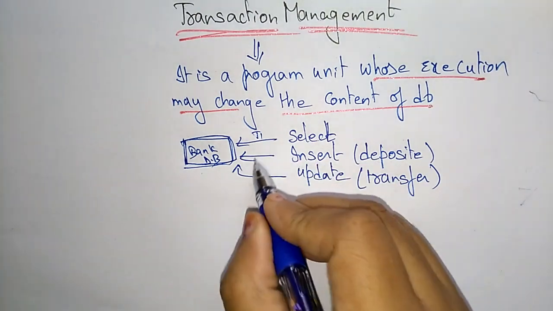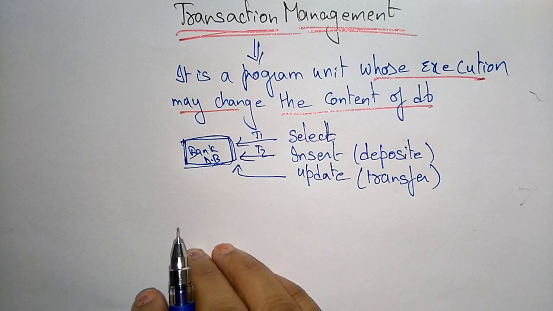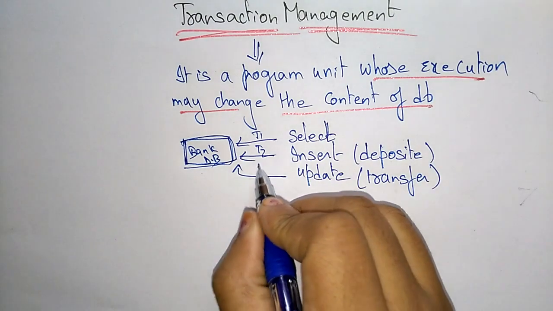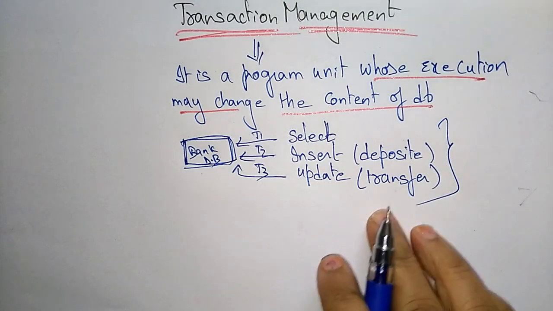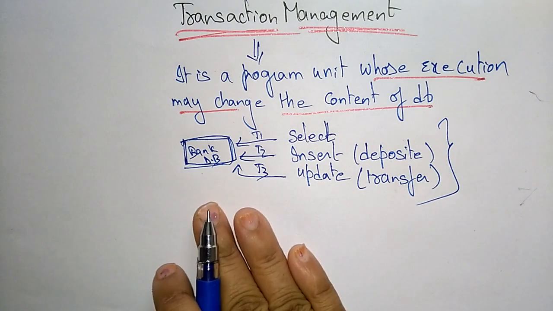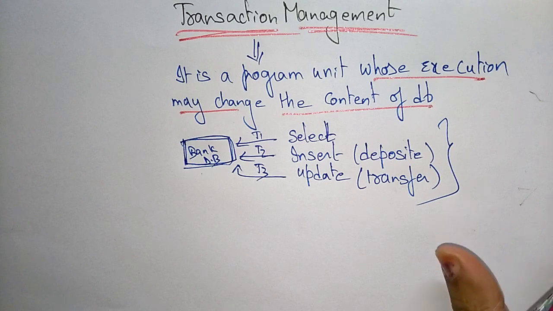So selecting is one type of transaction, inserting, depositing the amount in your account is changing the content of the database, and updating by transferring the amount from one account to another. These are all the operations used to change the content of the database, and you call them transactions. Doing a simple operation, you call it a transaction.